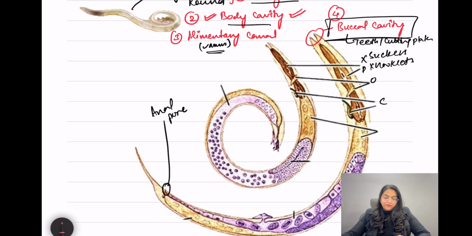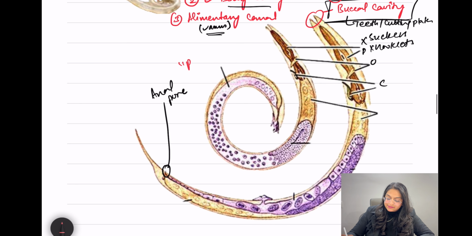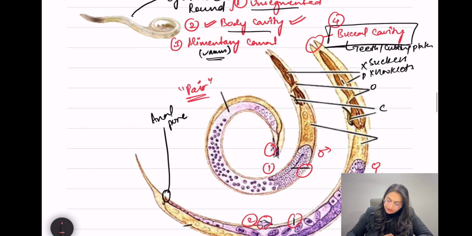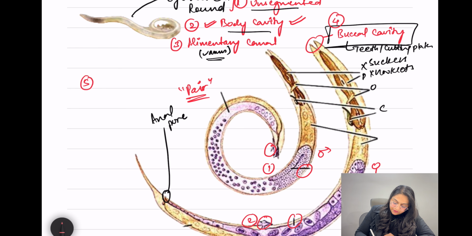What is point number 5? I told you to remember that there is a pair of nematodes always. There are two of them. So one is the male, one is the female. The bigger one, longer one is always the female. You can see the copulatory bursa, you can see the vulva, you can see the uterus, you can see the ovaries, you can see the testes. Okay. So they are number 5.